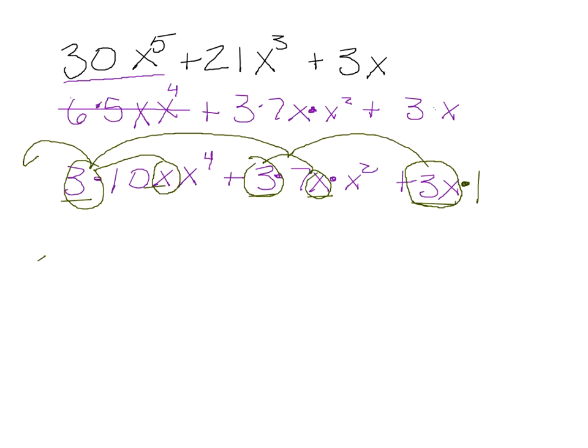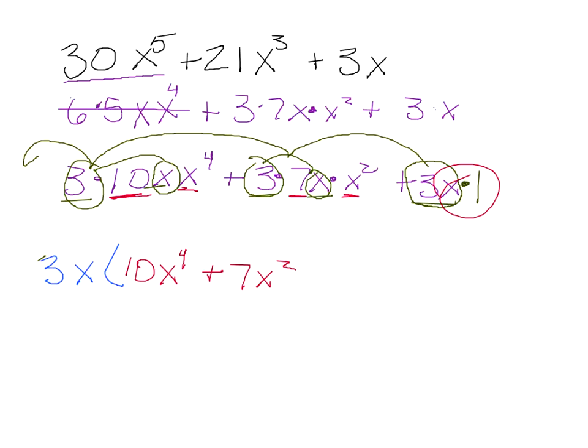So I get 3x, and then what's left behind, so after I take the 3x, I got a 10x to the 4th. I got a 7x squared. And then that's gone, so I got the plus 1. And that is my expanded form.